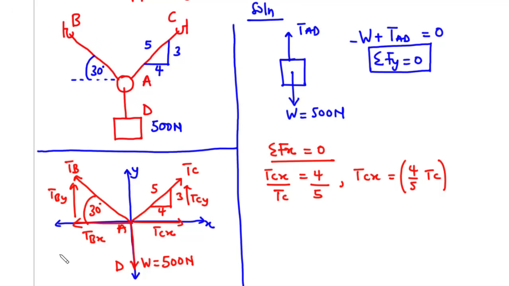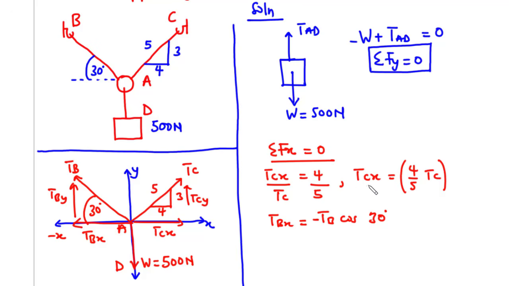Now let's continue. To find TBX, TBX is simply TB cos 30. Notice that since TBX is acting along the negative x-axis, we need to negate this value. Therefore, TBX is equal to negative TB cos 30.